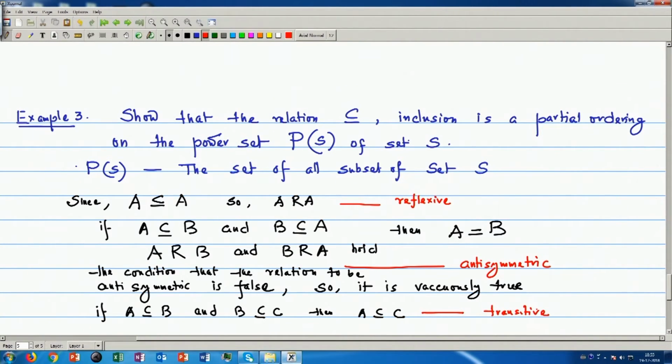So we can tell that my relation is a partial order. The conclusion is that P(S) with the subset relation is a poset, a partial ordering.